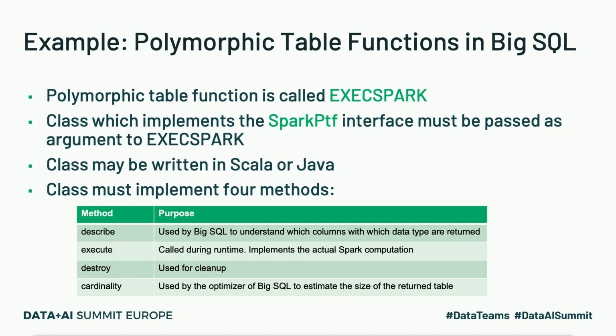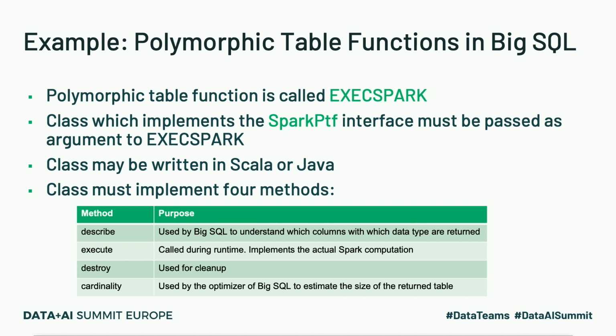Describe gives the columns and the type of the columns back to the SQL engine. That's for the optimizer before the query is running. When the query is running, of course, there has to be an implementation which really executes that, and that's a method execute.